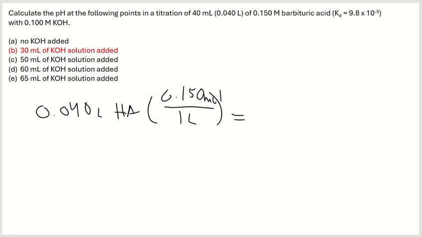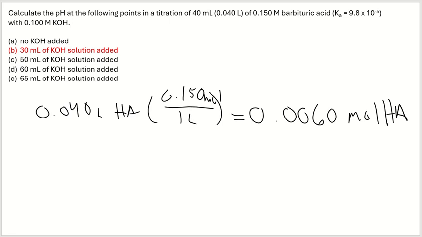And what we get here would be 0.0060 moles.